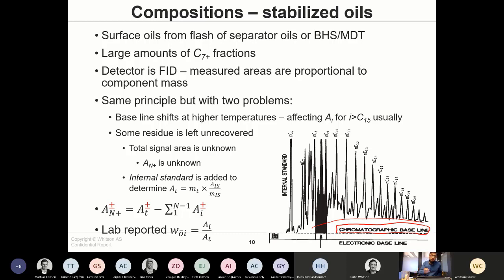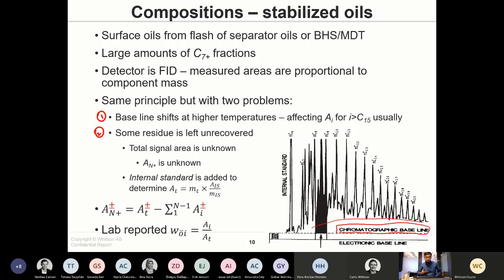So that's one problem, the baseline shift. The areas of very heavy components, C15 plus or C25 plus, somewhere between that, are affected because this baseline is continuously changing. The second problem is that you don't usually get all the material out of the gas chromatograph, because there is always some residue left.